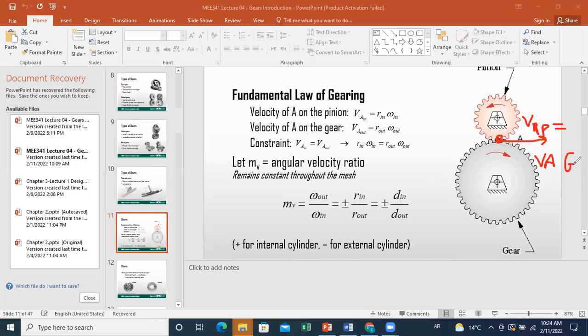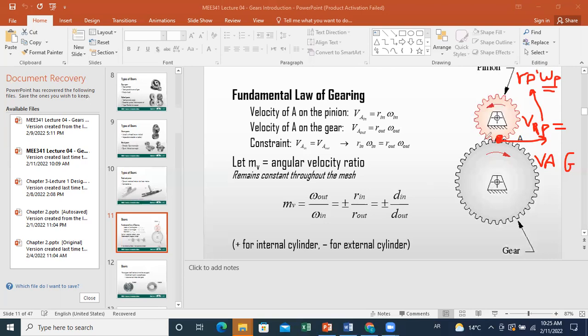Now we know that the linear velocity of a point can be related to the angular velocity of the gear. So the velocity as a part of the pinion is r pinion times angular velocity of pinion, while I'm talking, of course, about the magnitude of omega. If you want to talk about algebraic values, you should take a positive sense.